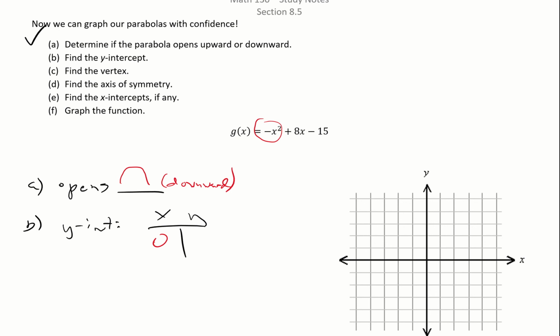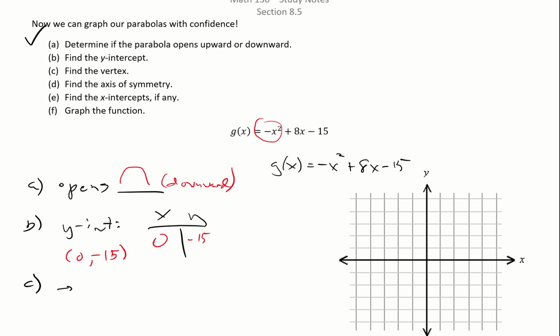G of x is minus x squared. Well, if I plug in 0, that's 0. Plus 8x, that's 0, minus 15. Did you know that? So what is the y-intercept? Negative 15. It's always the constant. So the y-intercept is 0, minus 15. Done.